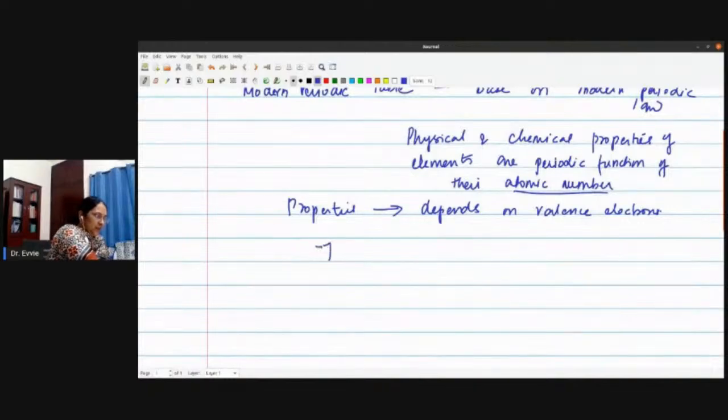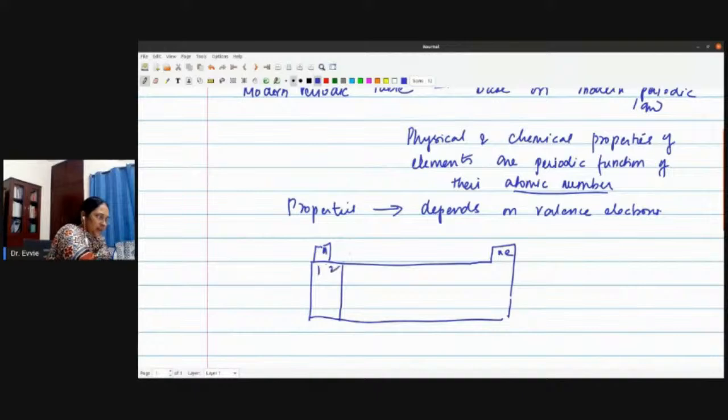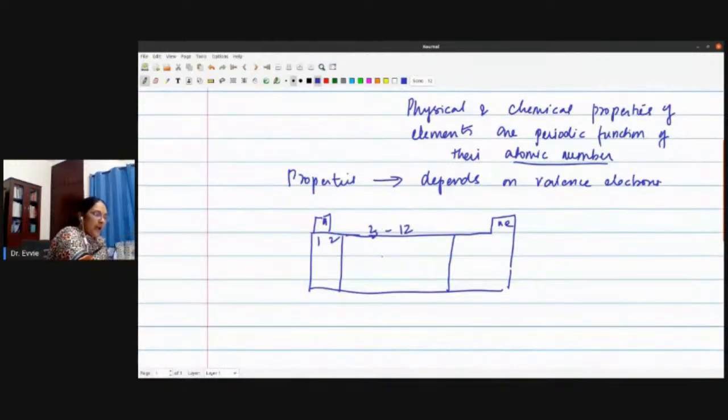Now let me give you a small glimpse of the periodic table. It will basically look like this. Here you have hydrogen and helium, then you have the first and second groups here, and in between you have groups 3 to 12. All these vertical ones are called groups. And here you have groups 13 to 18.